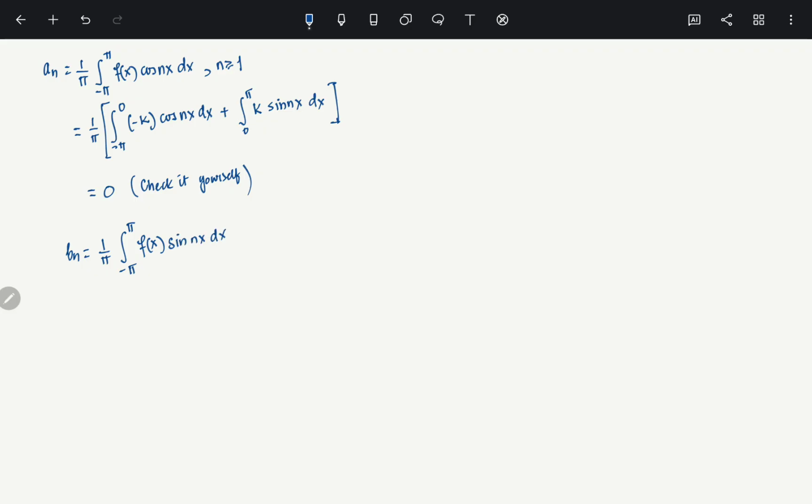If you want to write it, it becomes 1 by pi, minus pi to 0, and then minus k times sine nx dx plus, let me put it in a bracket, 1 by pi, and then you have the integral 0 to pi, k times sine nx dx. I hope this is correct. I am not making any mistakes here. This is okay, right?